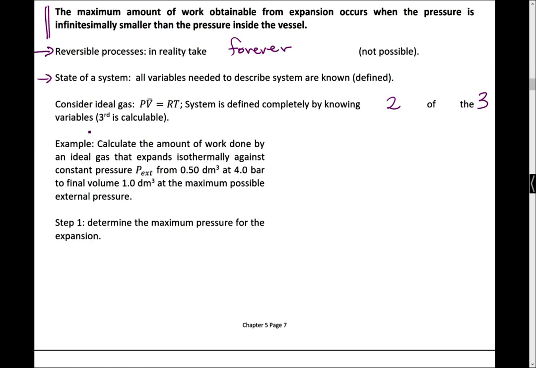All right, so we're going to do another example. We're going to calculate the amount of work done upon expanding isothermally against a constant external pressure. All right? And what we want to do first is determine what the maximum pressure is. So I'm going to draw my isotherm, because we're told that it's an isothermal expansion. So I've got pressure in bar, I have volume in decimeters cubed.